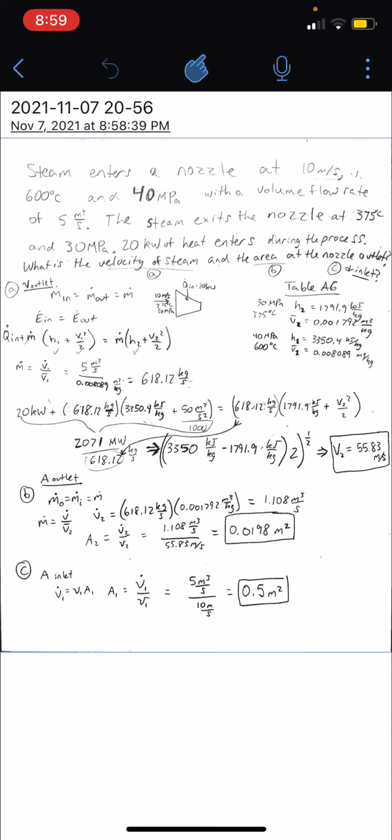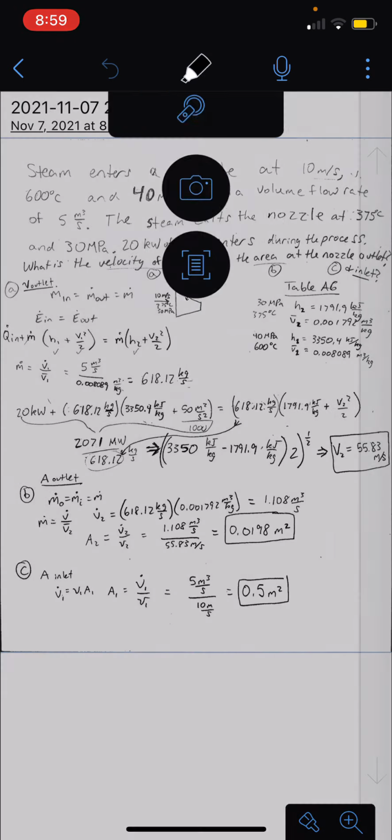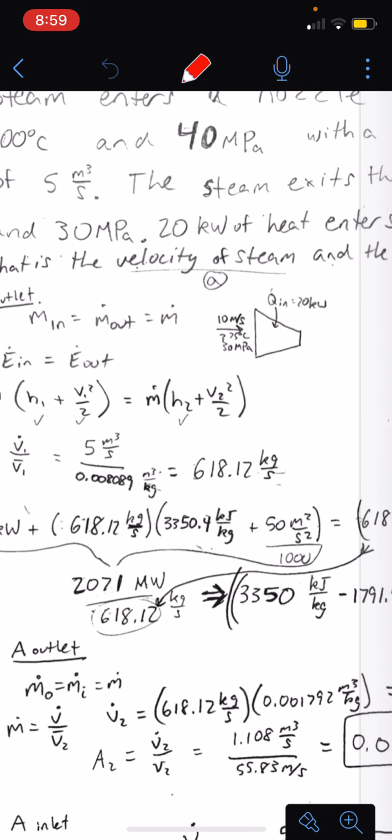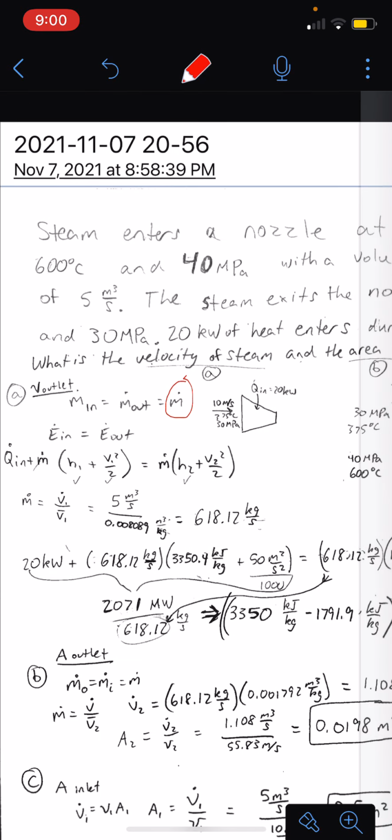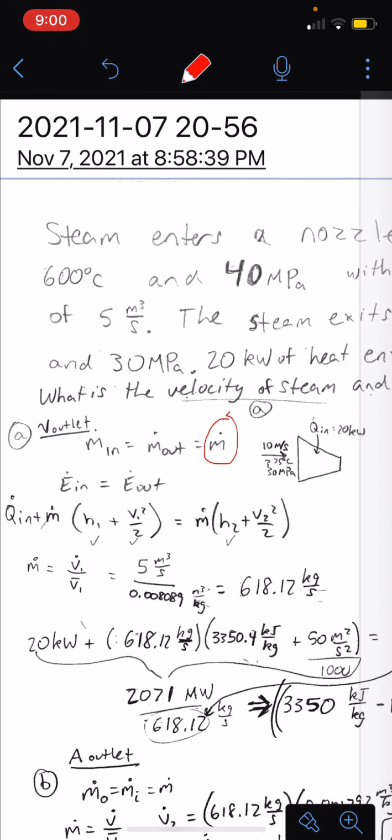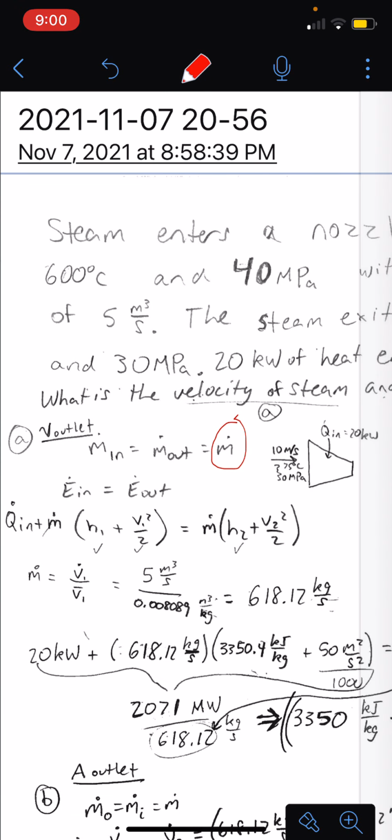So we're going to start with our mass flow rate. Since it's a steady flow process, mass flow in equals mass flow out, which is just equal to the mass flow rate. And now our energy balance, E in is equal to E out.